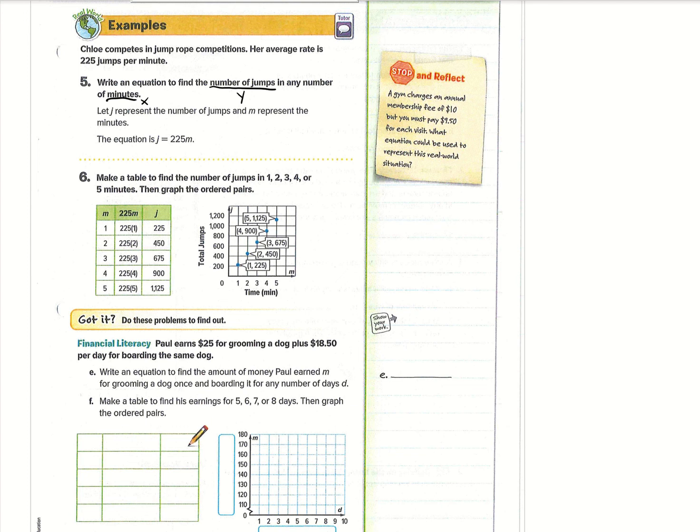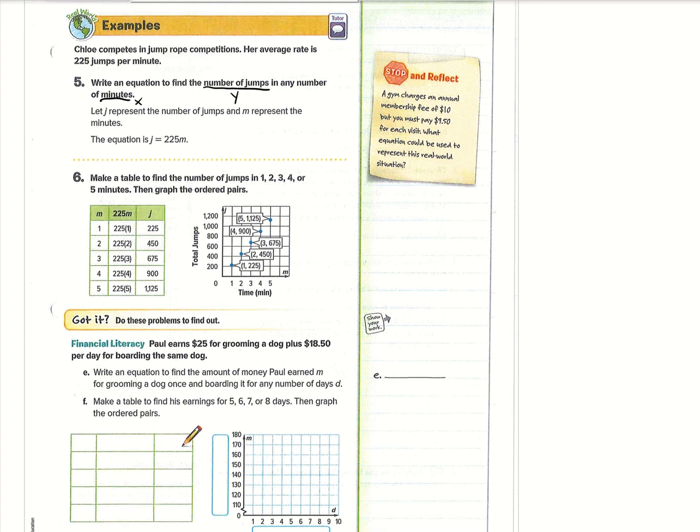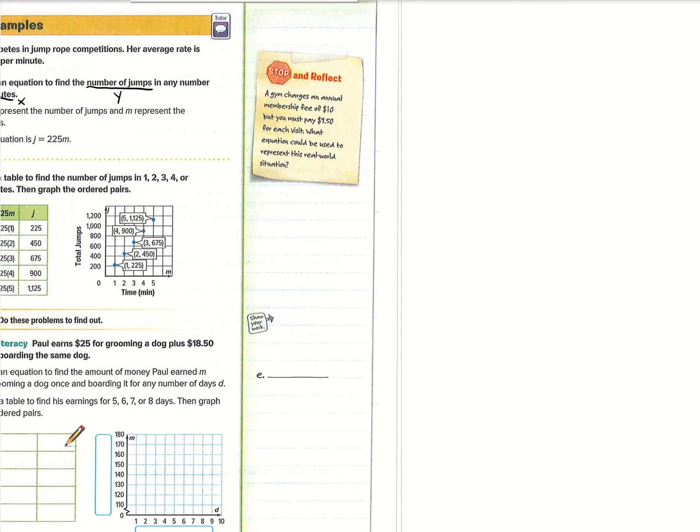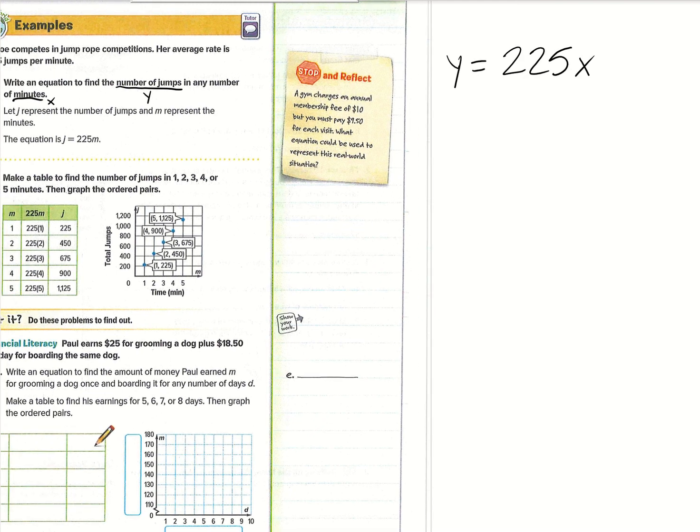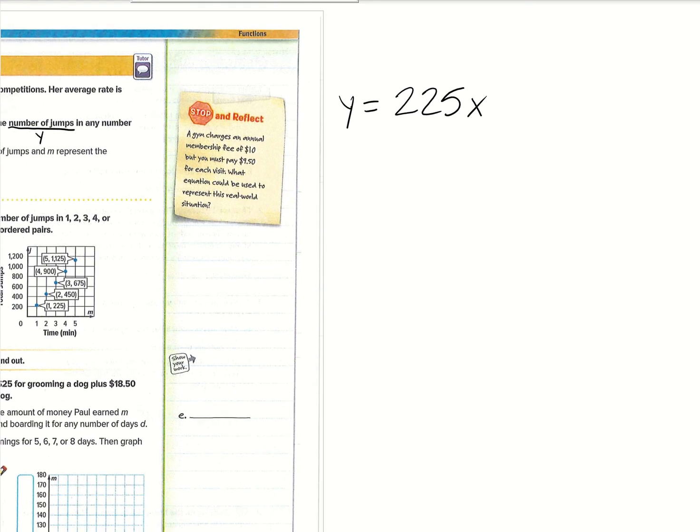All right. So we can write that then as y equals 225 times x in our slope-intercept form, because we would have plus 0, right? Because she doesn't start with jumps at 0 minutes, right? Her first jump is after the time starts.